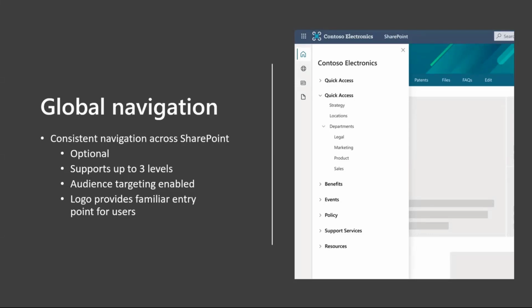We support up to 3 levels like I showed, and you can leverage audience targeting. And this feature is optional. If your tenant doesn't have a need for global navigation, you just do not have to set it up. It's not forced on you. Obviously we recommend that you do set it up.